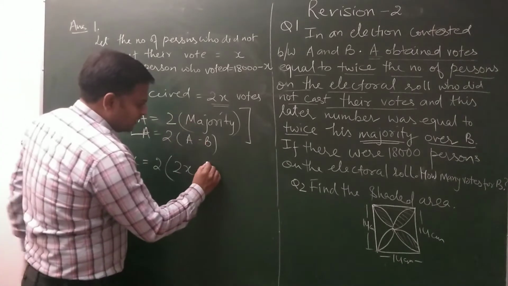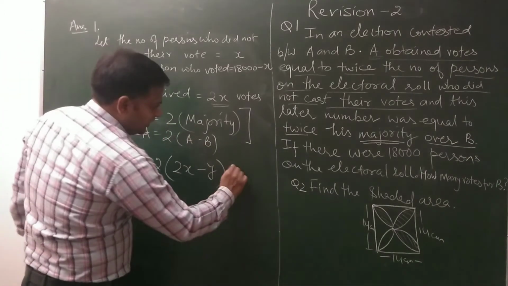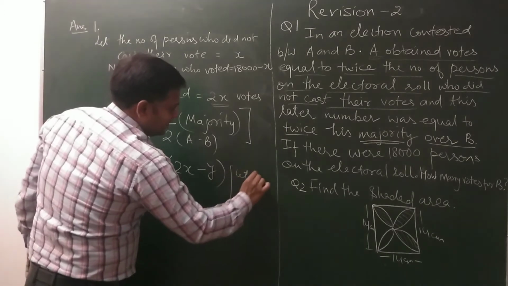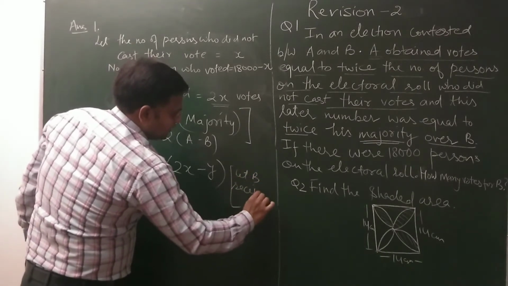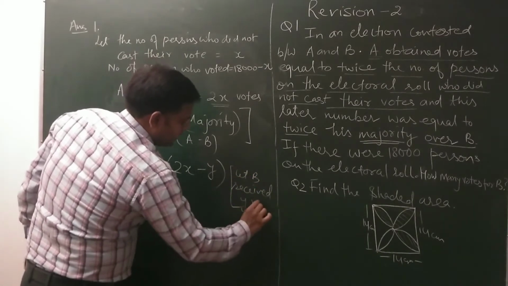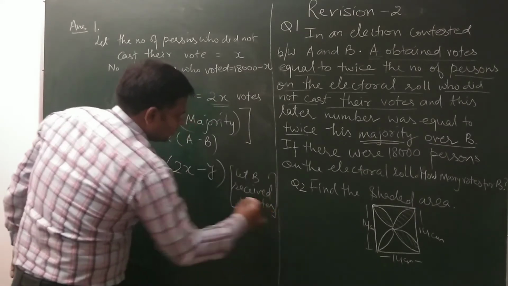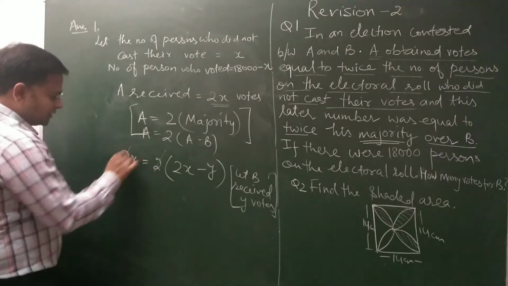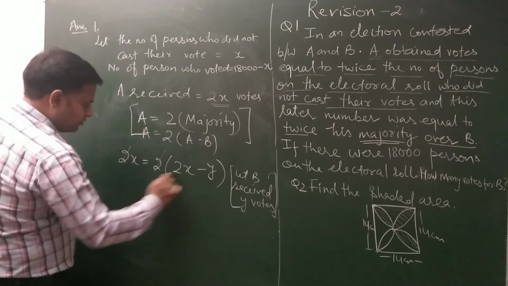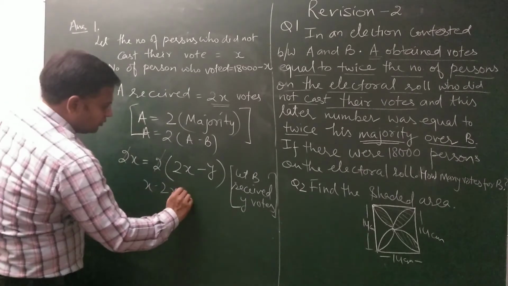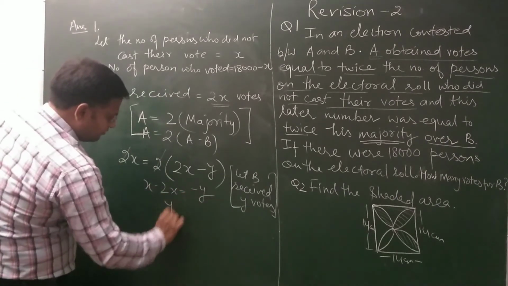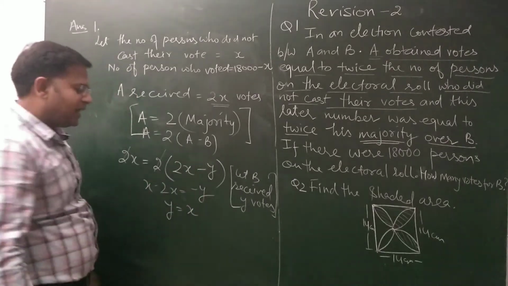So we assume, let B receive y votes. Now you can simplify, and from x minus 2x equal to minus y, y will also be equal to x.